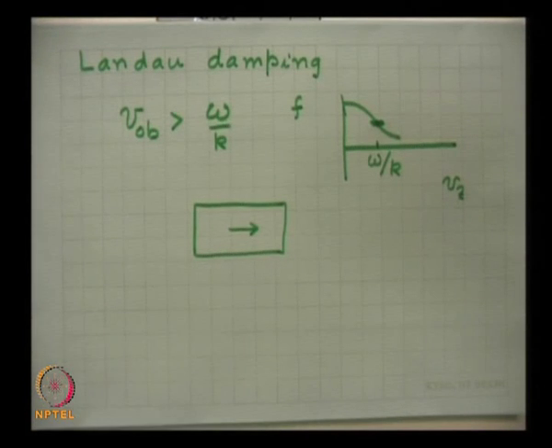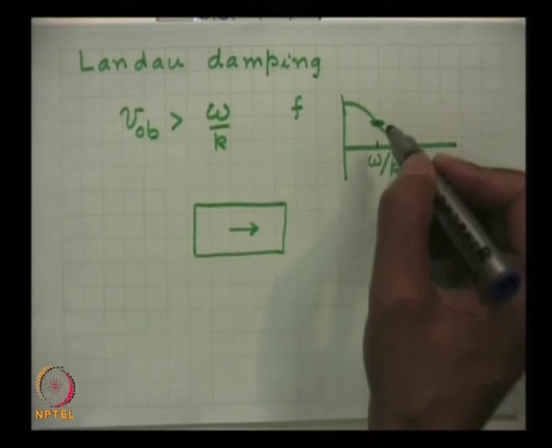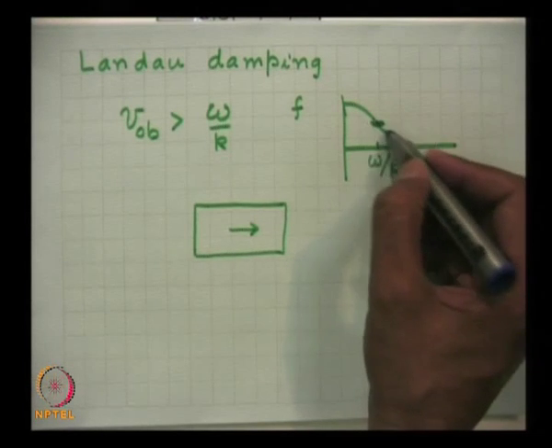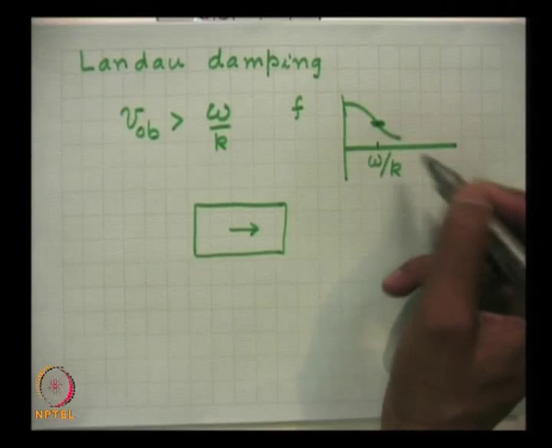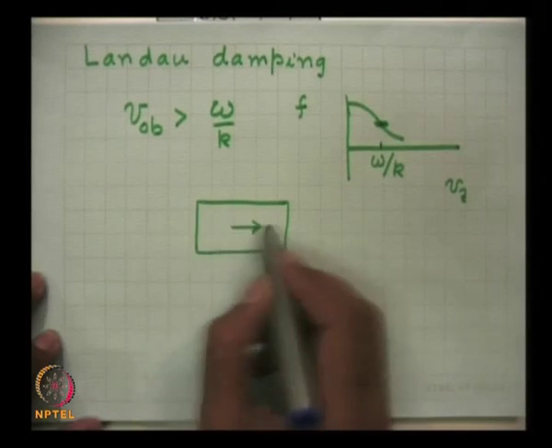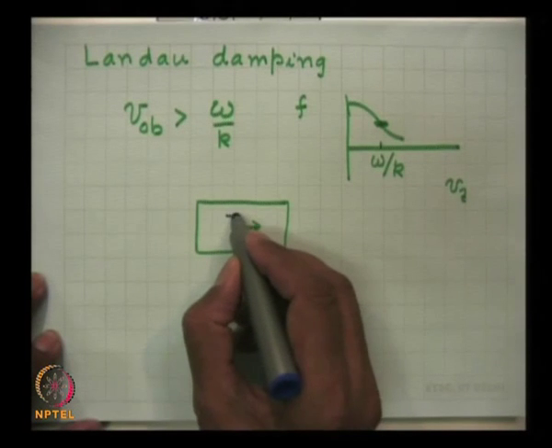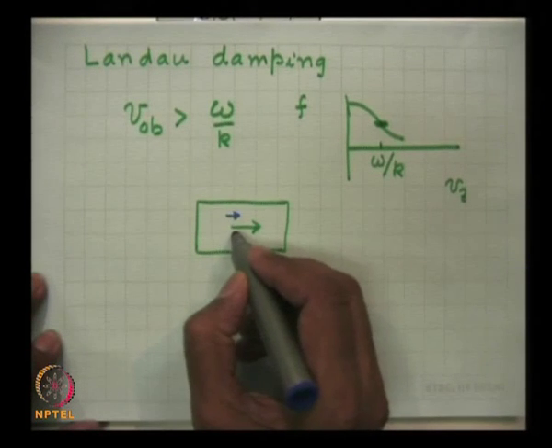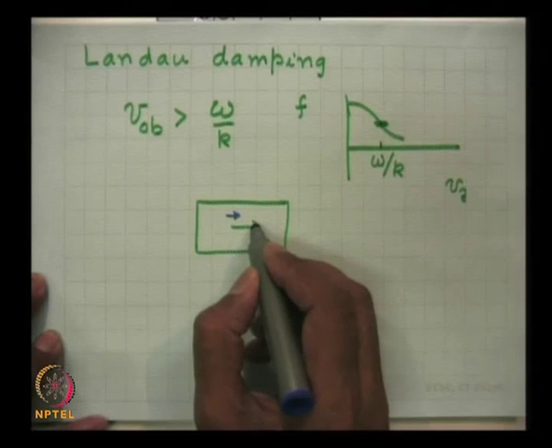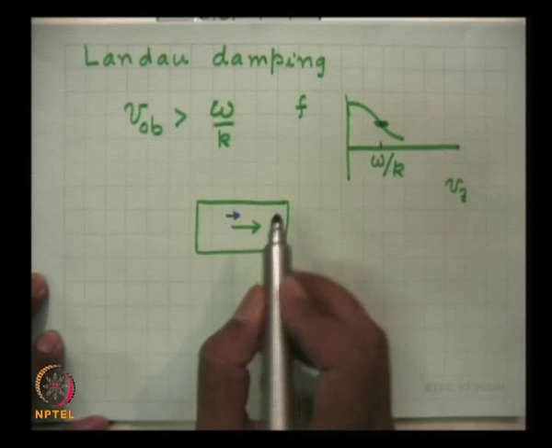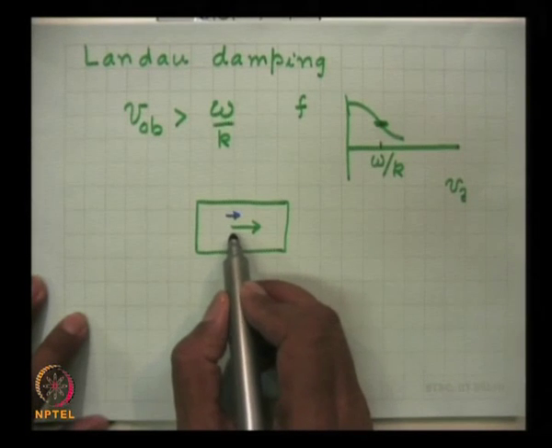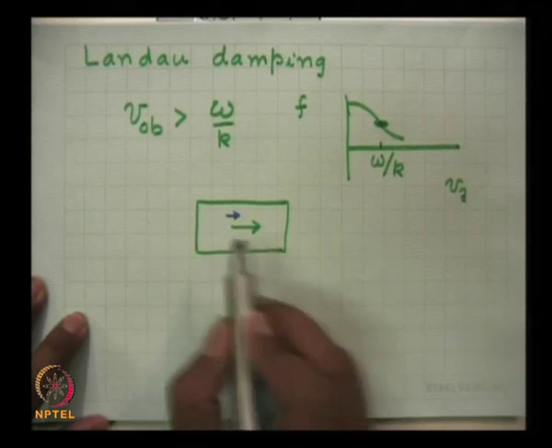Now, what you see from the slope of the distribution function is that the electrons of lower velocity are more and higher velocity are less, because the slope of f with velocity is negative. Means if there are many electrons moving all around, the ones moving with the wave slightly with a larger velocity than the wave phase velocity, their number is less, and the ones moving slightly slower than the wave, their number is more.